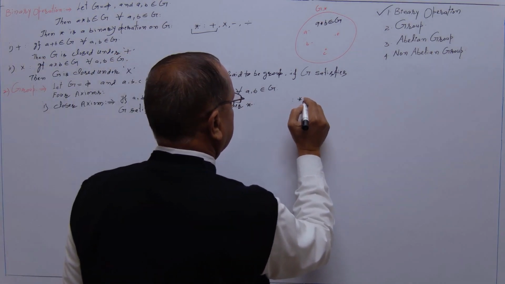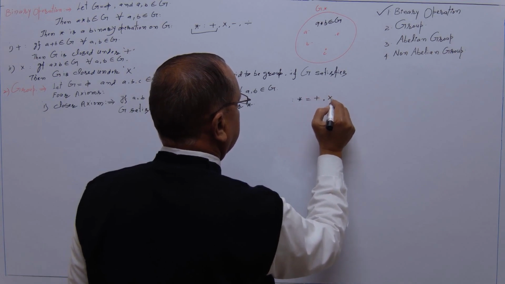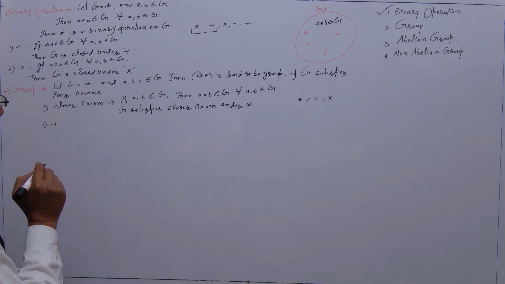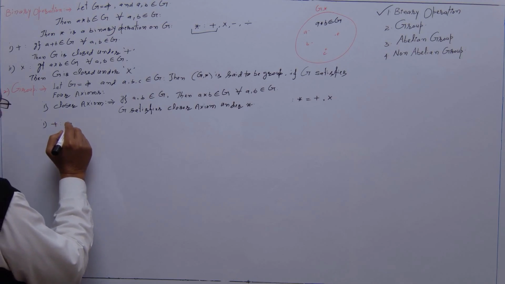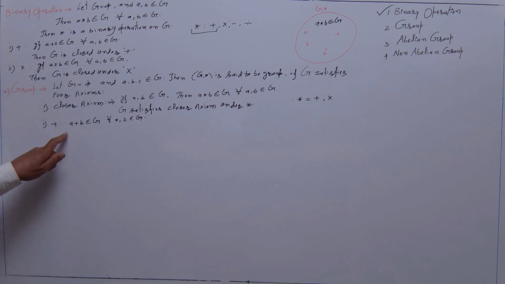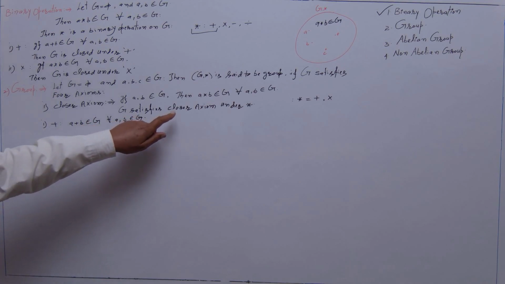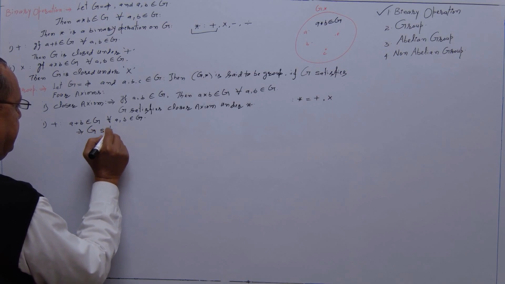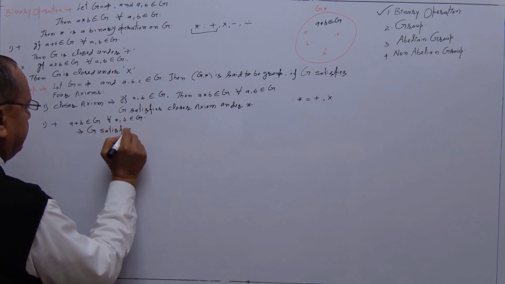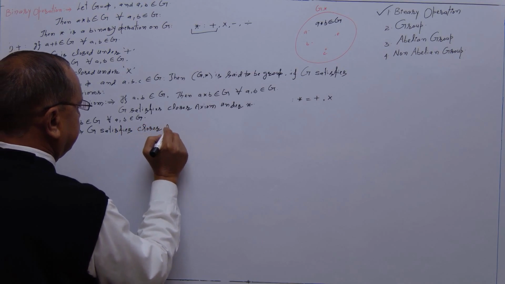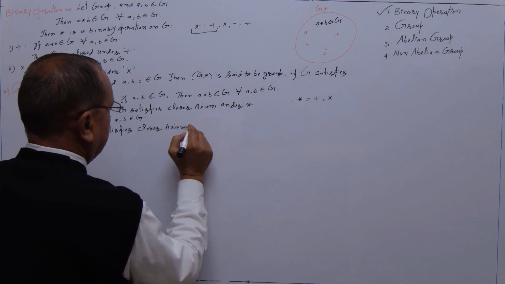Number one, under addition: if a, b belong to G, then a plus b must belong to G. It means G satisfies closure axiom under addition.